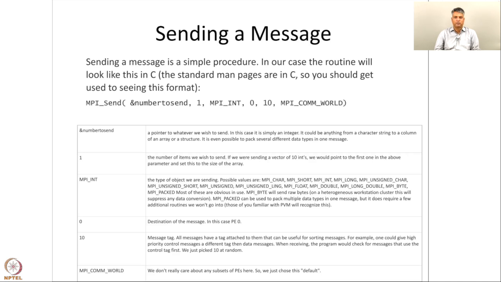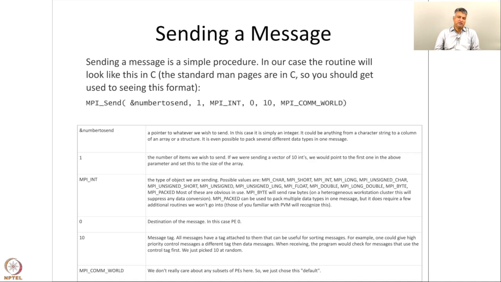So essentially the first 3 arguments tell you the actual memory location of where the data that we need to send resides, or the start point of that data. It tells you how many similar data items there are, and it tells you the data type, which in turn tells you the length of that data.